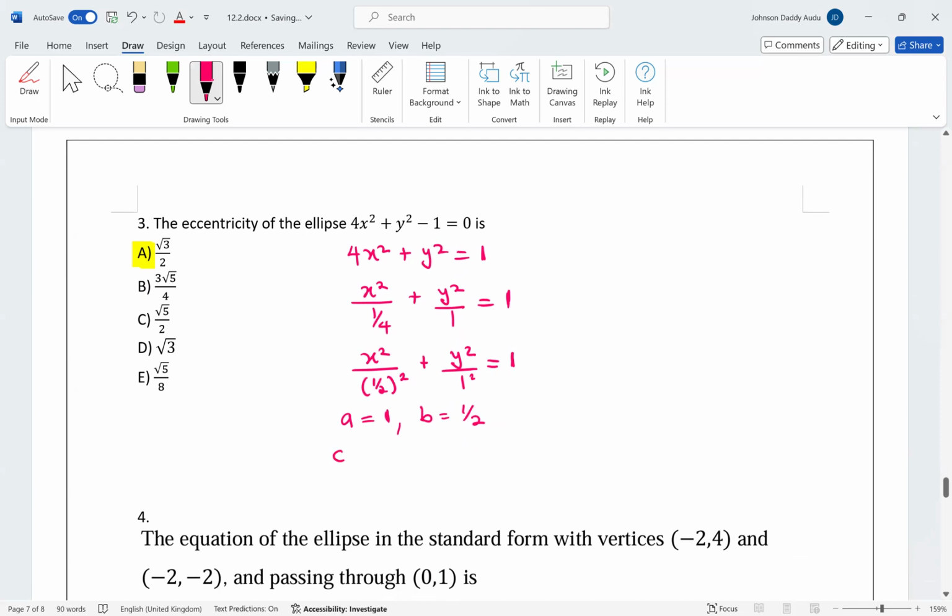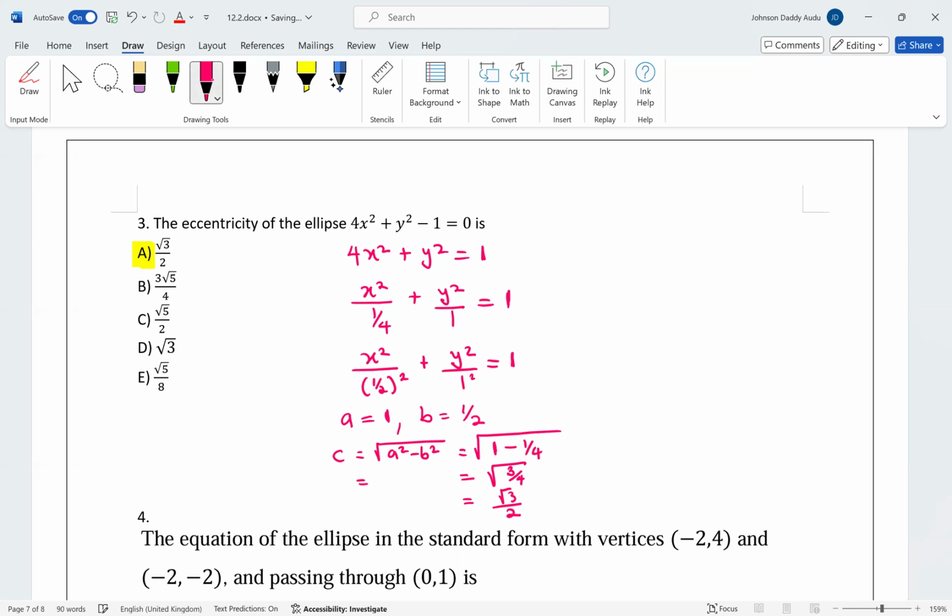Now we can have c, which is the root of a squared minus b squared, which is simply the root of 1 minus 1 over 4, that would be b squared. This is the root of 3 over 4, which is simply root 3 over 2.